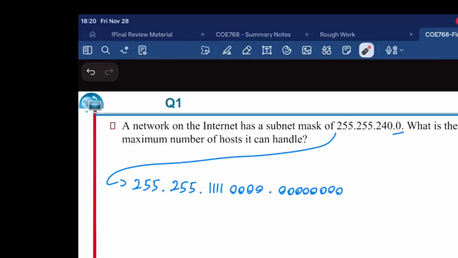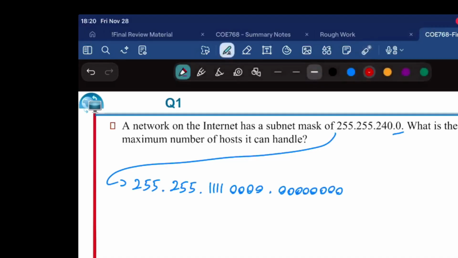The first part, until all the ones are completed, is referred to as your network portion. You can tell from your subnet mask how many bits are assigned to the network portion of that IP address.